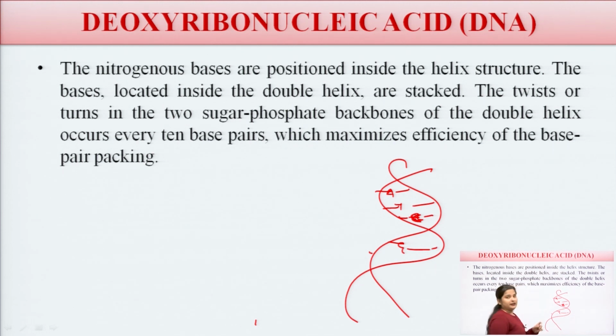So, if we talk about the structure of DNA, all the nitrogen bases are located inside these double helical structures, and the bases located inside the double helix are stacked. They are twisted, and one turn of the two sugar phosphate backbones of the double helix occurs every 10 base pairs, which maximizes the efficiency of base pair packing.